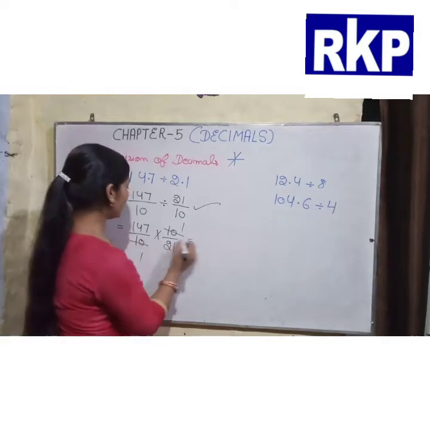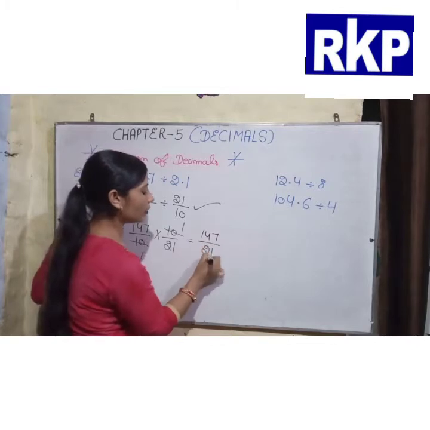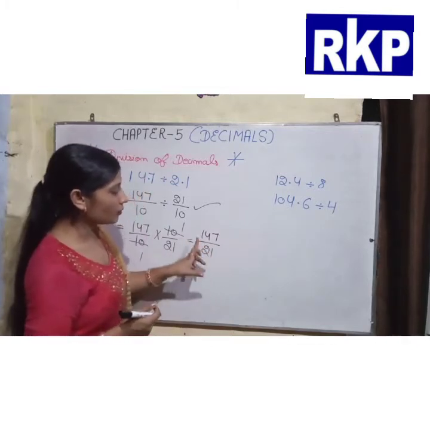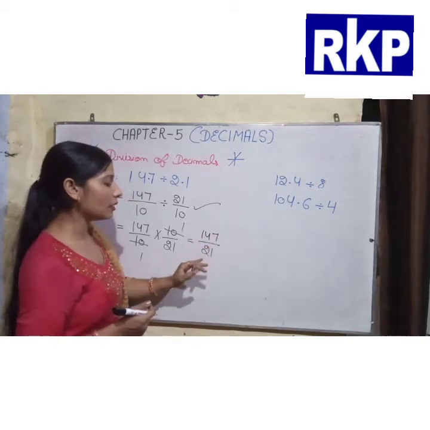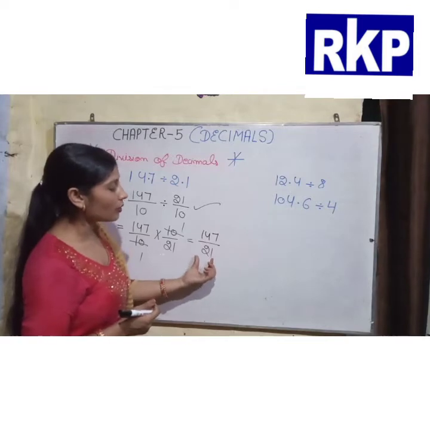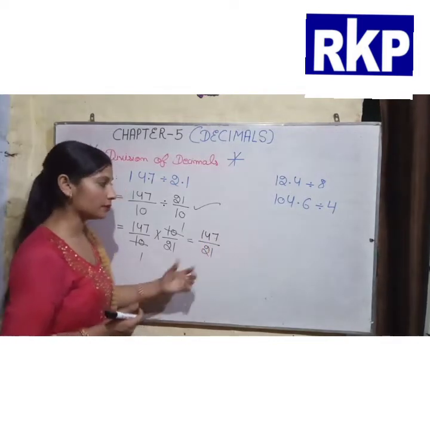Beta if we write here 147 and here 21 as a denominator. Okay, so now we have the fraction 147 by 21. Now it means, beta, we have to divide this 147 by 21.